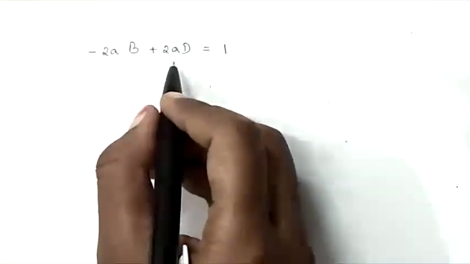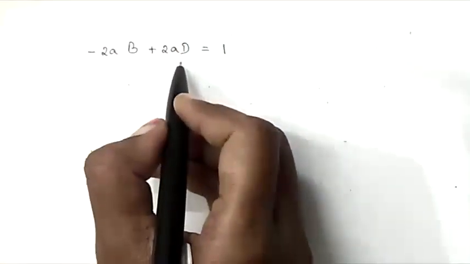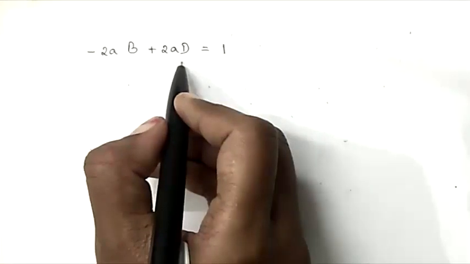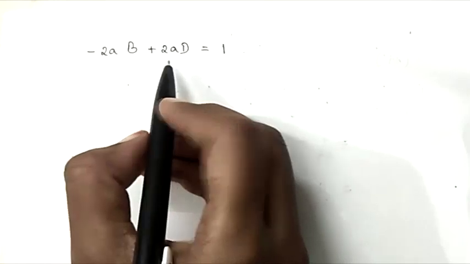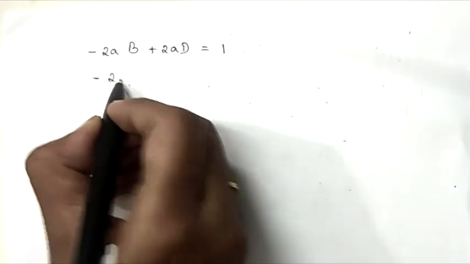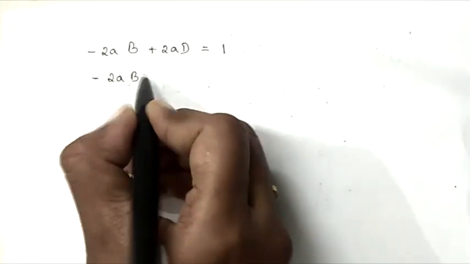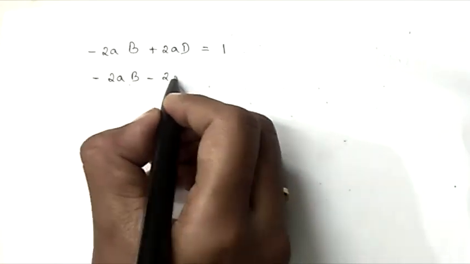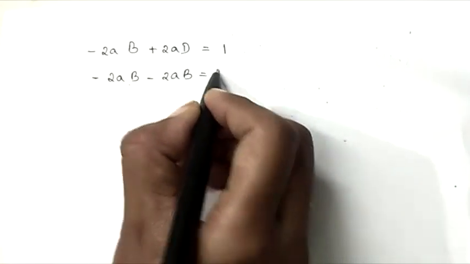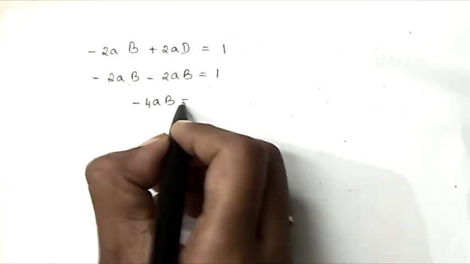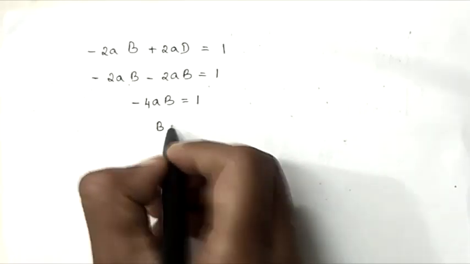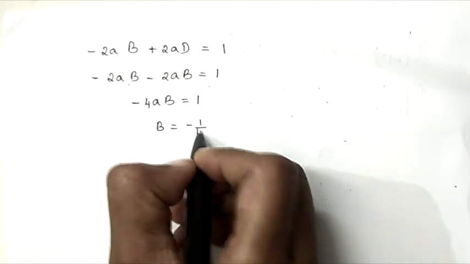And I've got d as negative of b. So this should be written as minus 2ab minus 2ab equal to 1, or minus 4ab equal to 1, or b equal to minus 1 by 4a.